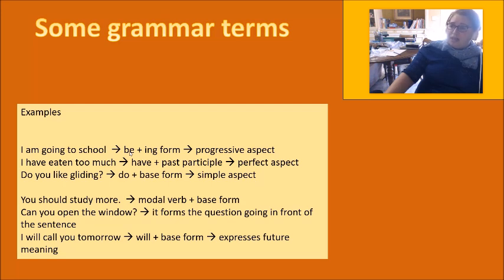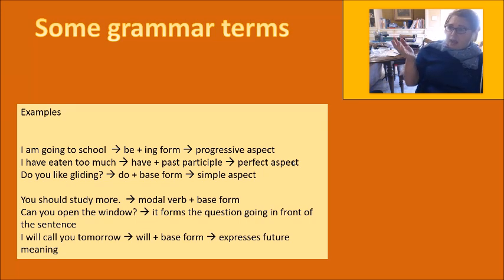with verbs that exist. I have eaten too much. We have the past participle, eaten, and with the past participle, we have the auxiliary to have. So we have a perfect aspect. Perfect aspect means something that has happened.